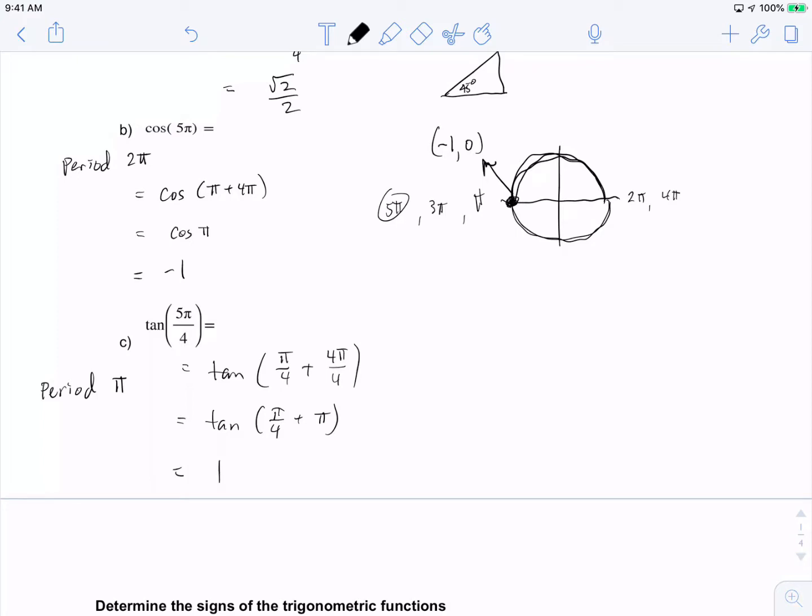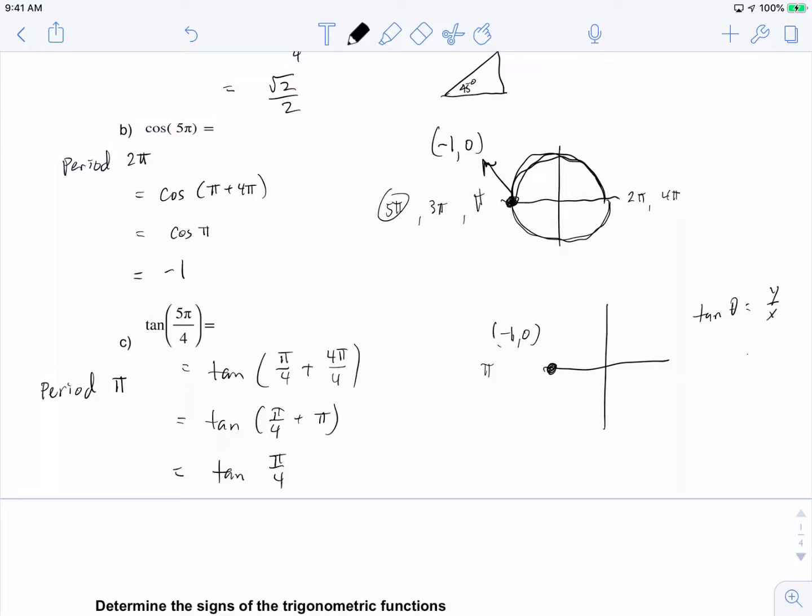So we end up with tangent of pi over 4. And I can just show you real quick. This is where pi is, right? And so the point there is negative 1, 0. And remember, tangent of the angle is equal to y over x.